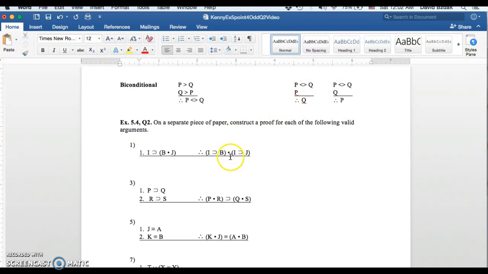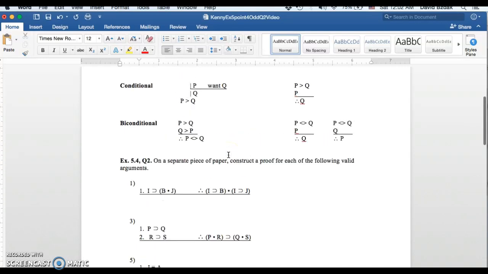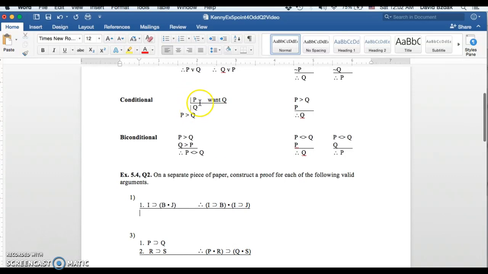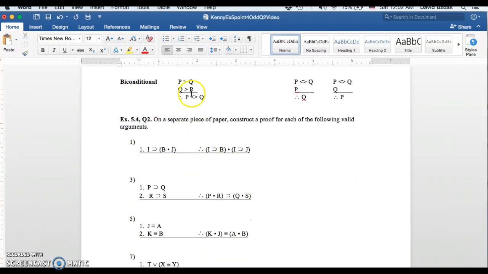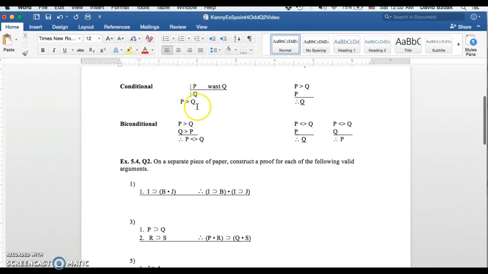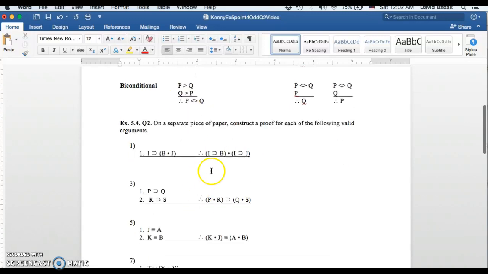All right. Now here our conclusion is a conjunction of 2 conditionals. Now, last exercise 5.3, we talked about this conditional introduction rule. And we only used it when our conclusion was a conditional. But it doesn't have to be only when your conclusion is a conditional. You can use it to derive any conditional. So we'll see how to do that here, okay?